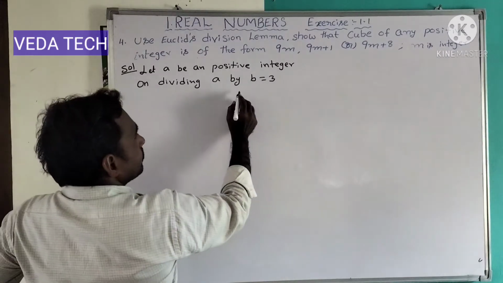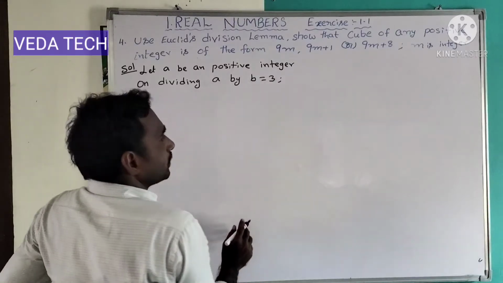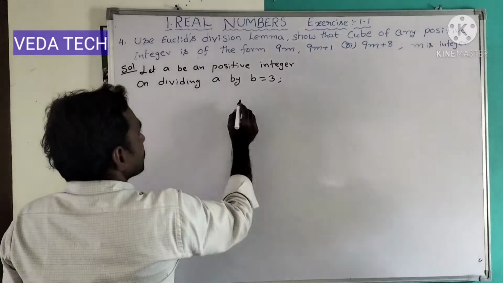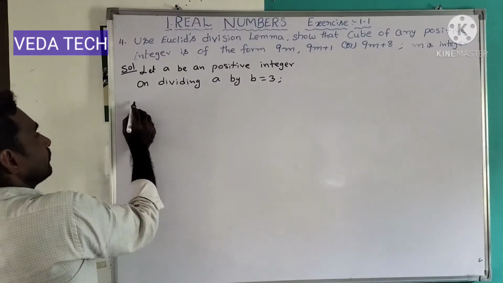Let q be the quotient and r be the remainder.